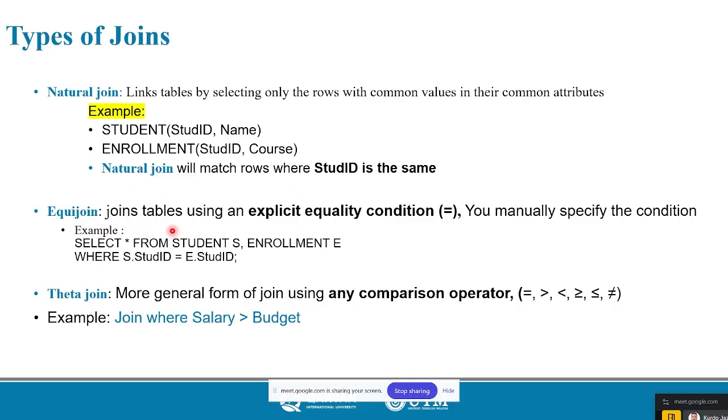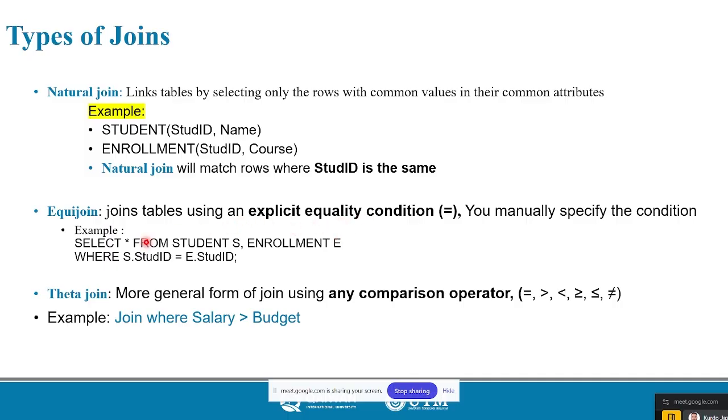Equijoin: join tables using an explicit equality condition, which is this. Now, explicit equality condition means you manually specify the condition. For example, select all from student S. We will talk about why this S and why this E in our lab session or the video that we will record for you.